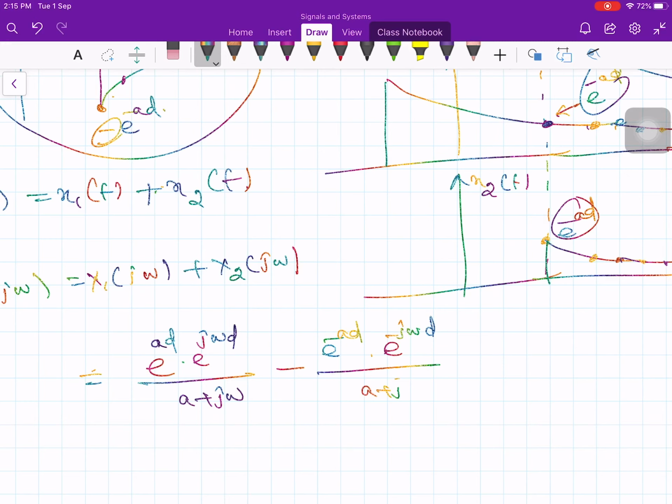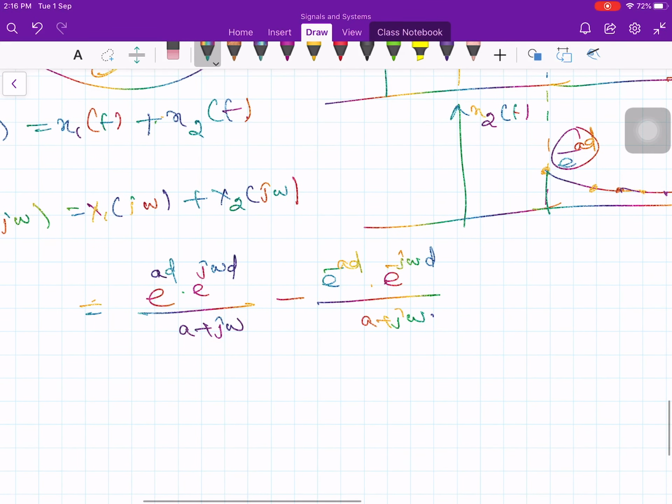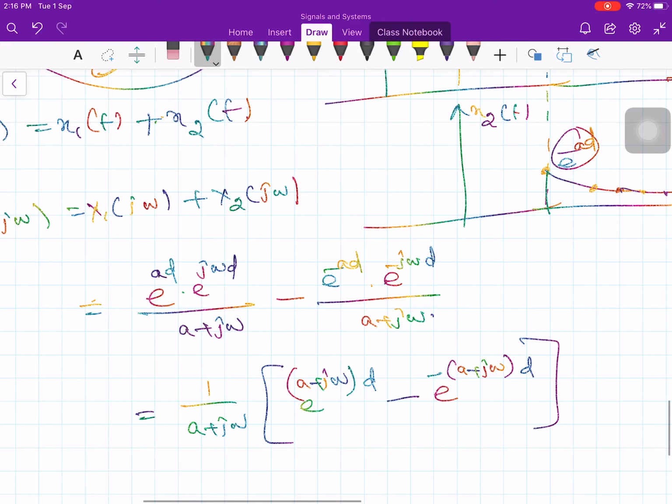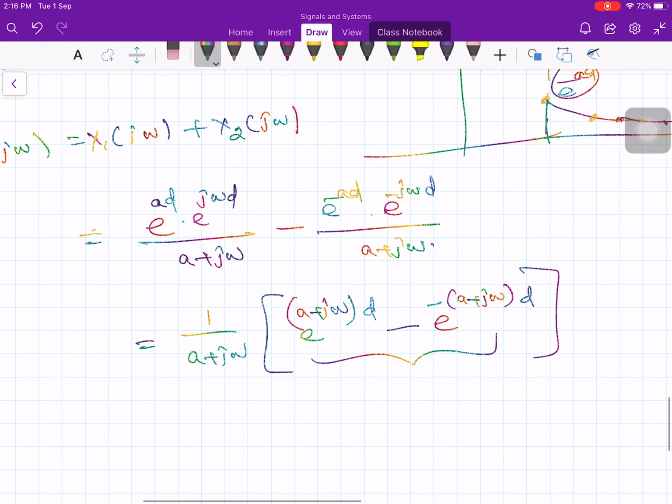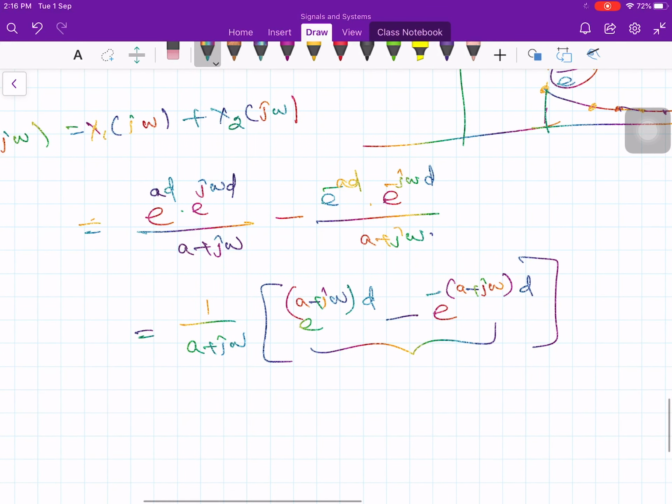The denominator is common for both, so you can pull out a plus j omega in the denominator, and in the numerator, e to the a plus j omega times d minus e to the minus of a plus j omega times d, and this one is what? It looks like a sine term, right? So then decreasing sinusoidal.